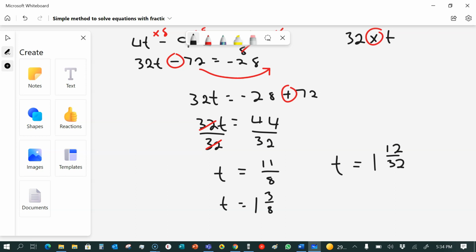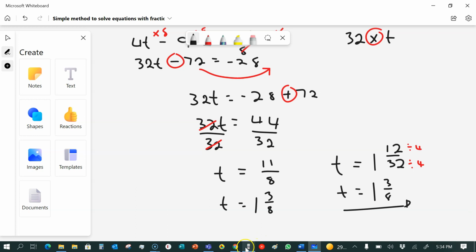That is my highest common factor, then I'm going to have t equal to 1, and 12 divided by 4 gives me 3. And then 32 divided by 4 will give you 8. So this is one and the same thing.